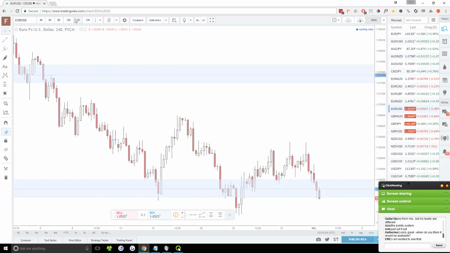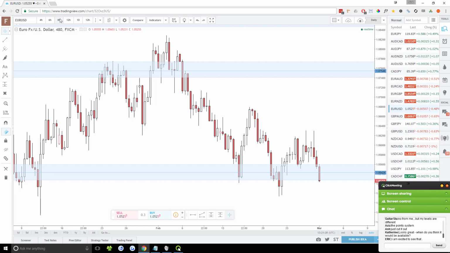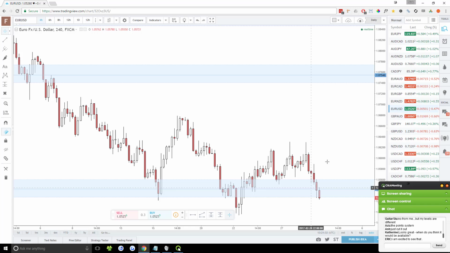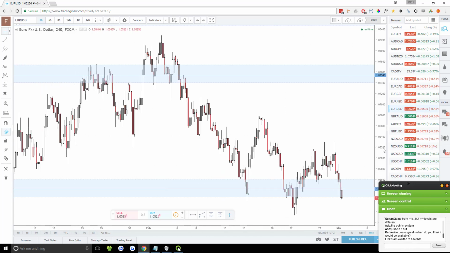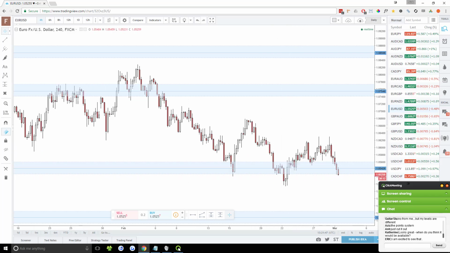Euro USD, what's up with that? I guess it kind of looks like it might reverse, but I don't like that at all. Preceding trend's weak. Overall downtrend. It hasn't really had a good bounce from this area recently. If you look here, it looked like it was going to bounce and it went down.